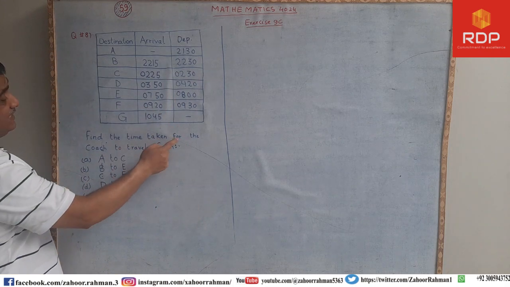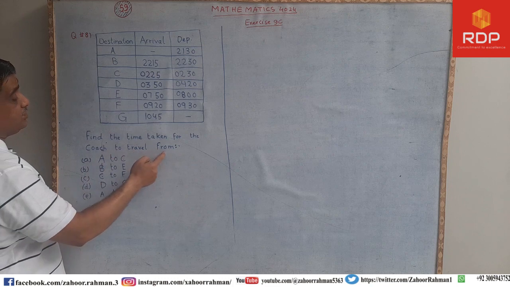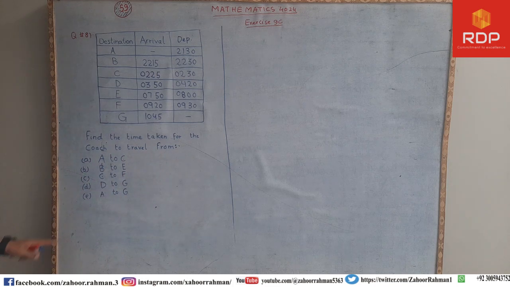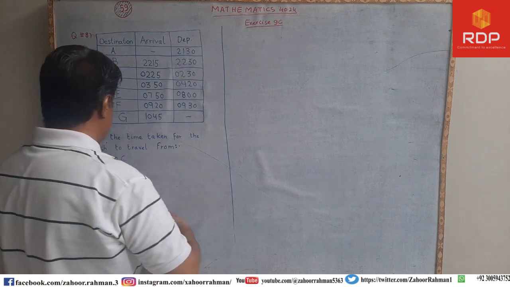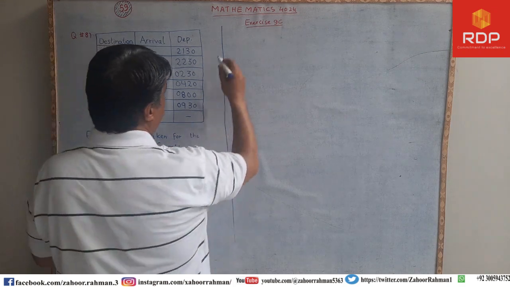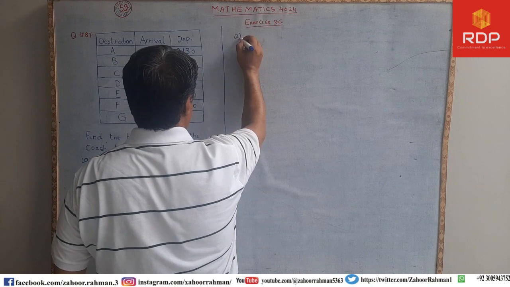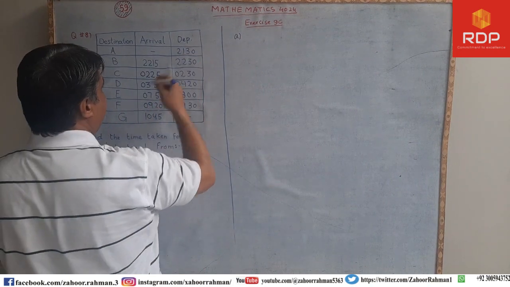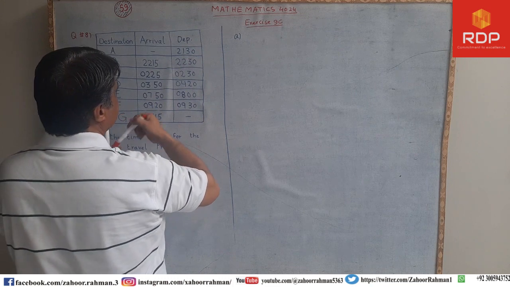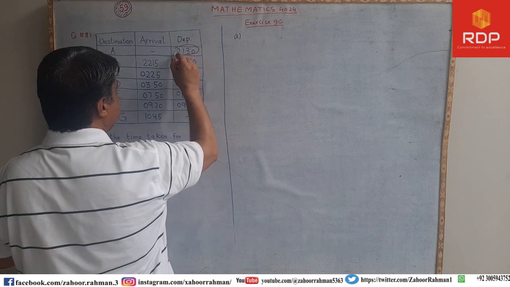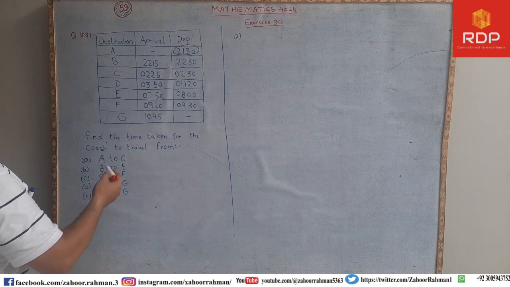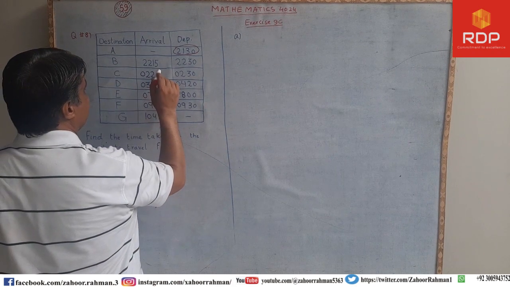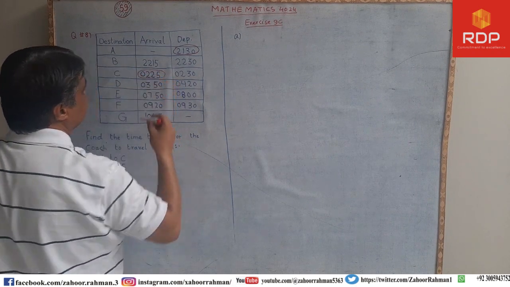Find the time taken for the coach to travel from A to C. So let us do part A. Here A to C. A is this one, that is the departure, and C is the arrival time.